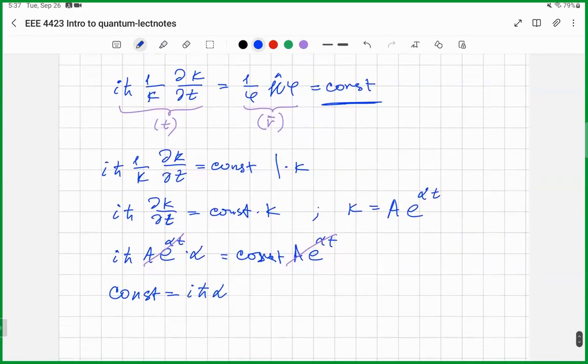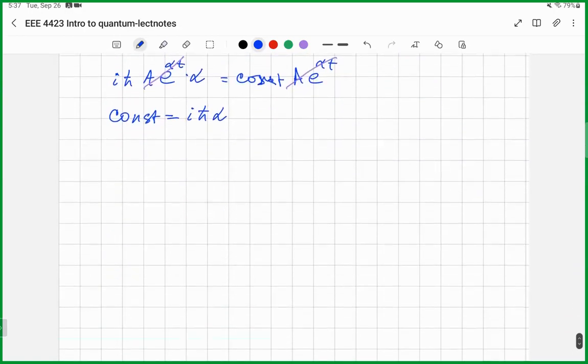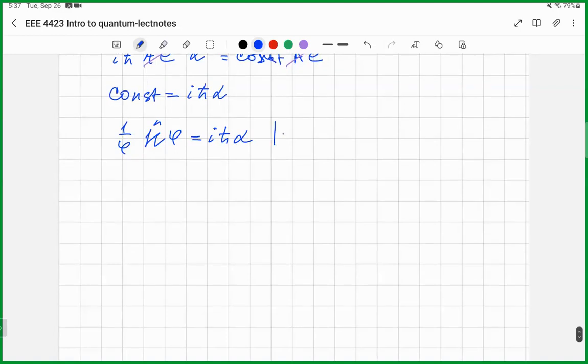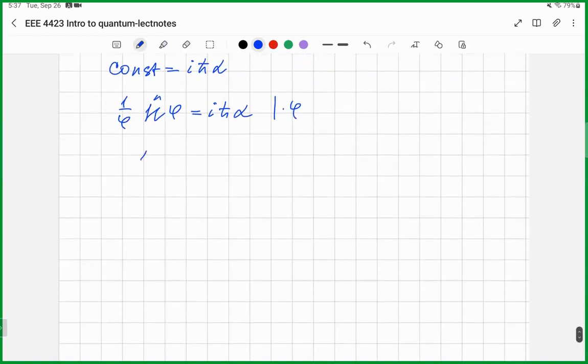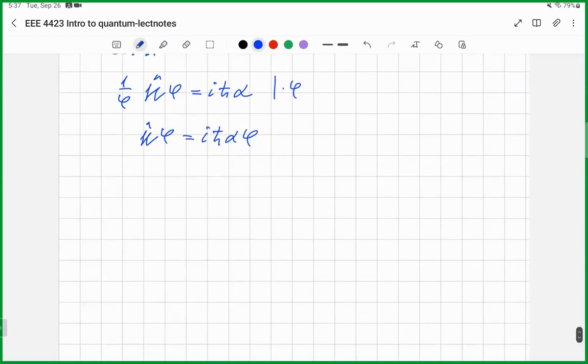Okay, so now I consider the second one, 1 over phi Hamiltonian phi is equal to a constant, which is i h bar alpha now. I multiply both sides by phi, and I get Hamiltonian phi equal to i h bar alpha phi. And this is the eigenstate and eigenvalue problem for the Hamiltonian H, right?